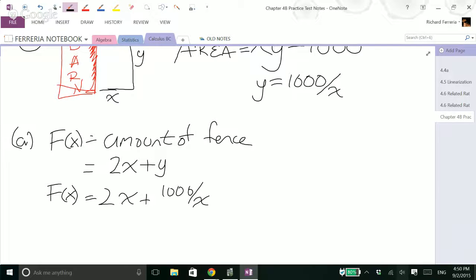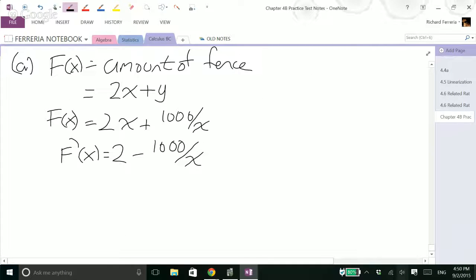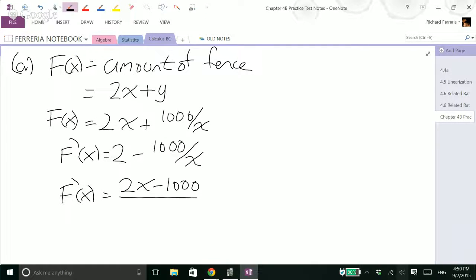So derivative time. F prime is 2 minus 1,000 over x. You want to turn that into a rational expression. F prime of x is equal to 2x minus 1,000 over x.